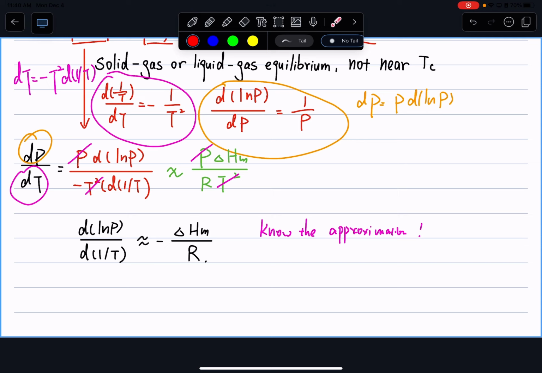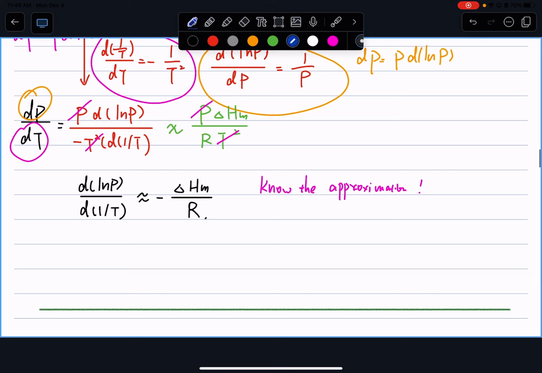All right. Next step, how do we use it? Well, then it becomes quite straightforward. You're just reorganizing the terms and taking the integration on both ends. So we have d ln P roughly equals negative delta Hm over R d(1/T).